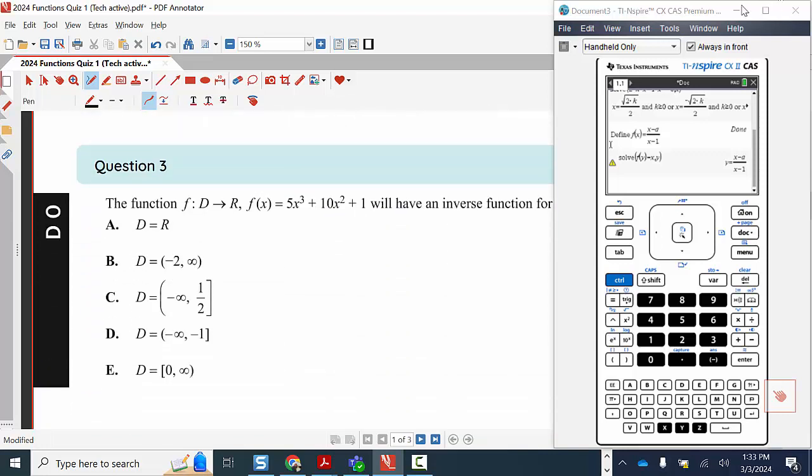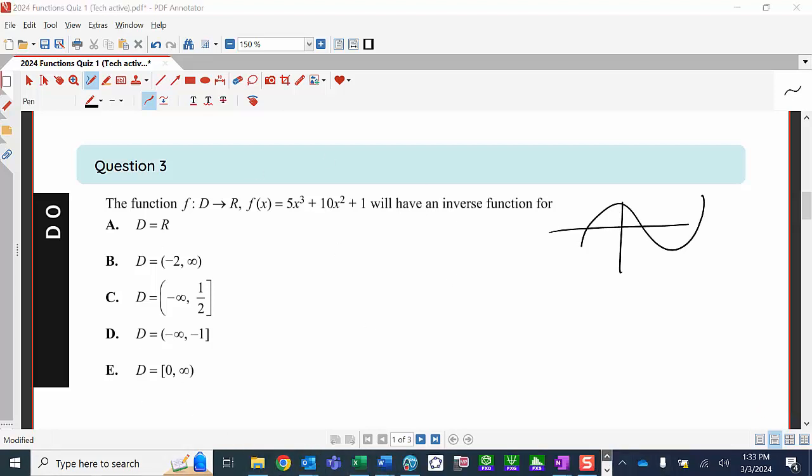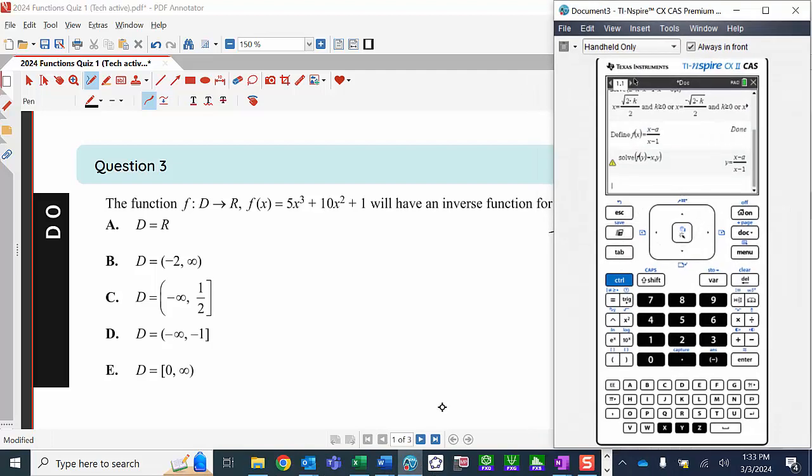All right, here we go. So question 3. The function will have an inverse for... All right, so these ones here, I can't really work it out until I have a look at what the function looks like. It's a positive cubic, so it's probably going to look something like that. Now, the best way to do it is, again, we'll define it on the calculator.